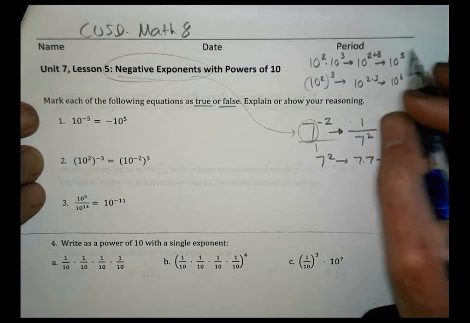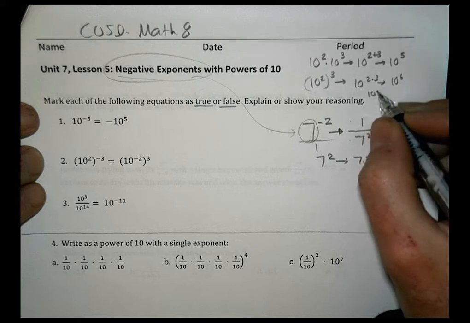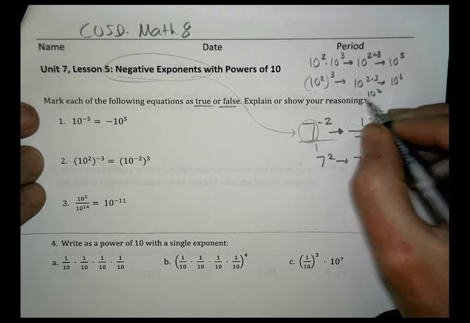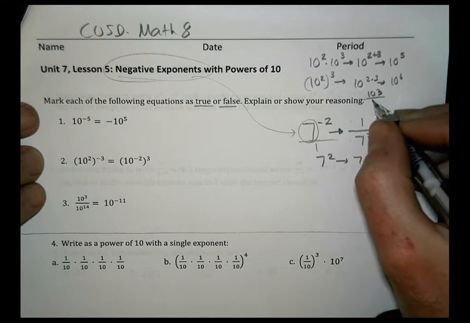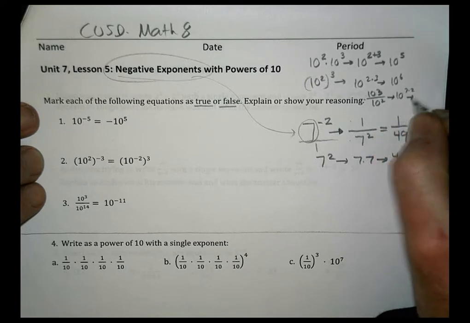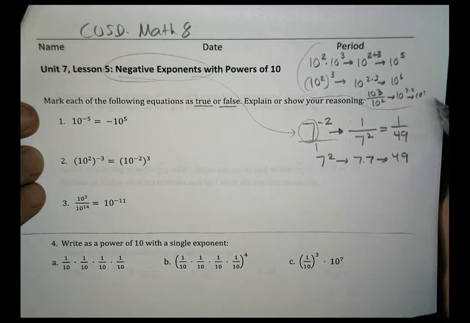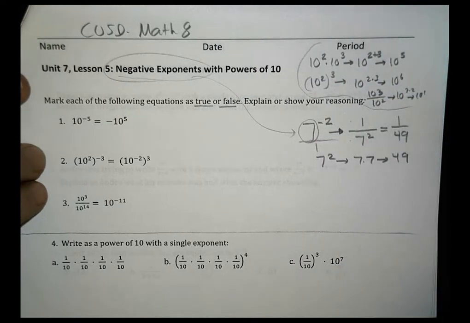And then we also talked about 10 to the third over 10 to the second, which became 10 to the 3 minus 2 power, or 10 to the first. Those are the things we've talked about so far, and today we're adding in some negative exponents.